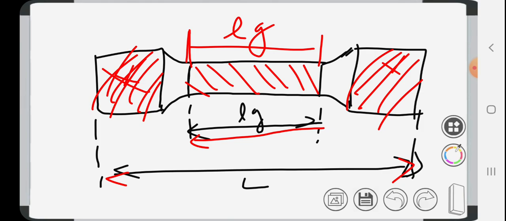In this section we will fix an instrument called a gauge to understand the change in dimensions. You can see all these things in your labs, as you will do the strength of materials lab in this semester itself. You'll get more idea when you see those things.